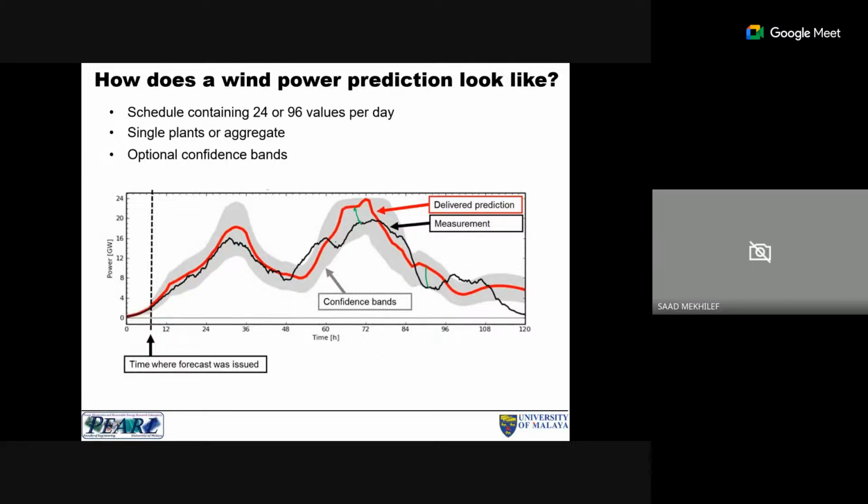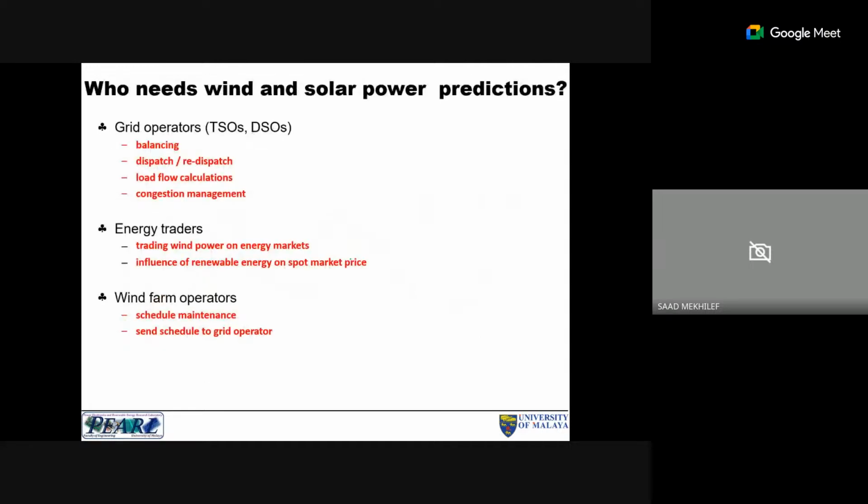That's why I say the prediction depends on meteorological data, and this meteorological data may not be accurate, and that is one of the issues. So why are these power predictions needed, and who needs them? I think the most important ones are the grid operators, either at the transmission or at the distribution level.